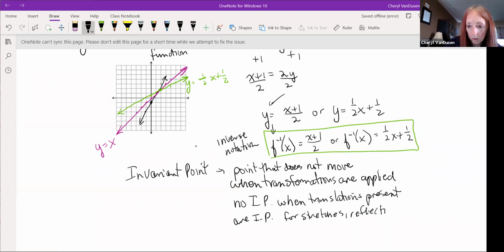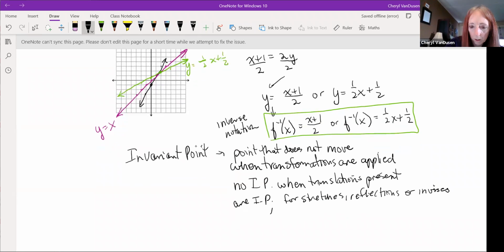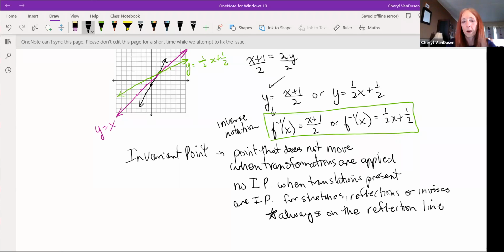reflections, or inverses. And it might be good for us to just note here, they are always on the reflection line. So in this course, we're asked to reflect across the x-axis vertically, across the y-axis horizontally, and do the inverses across y equals x.